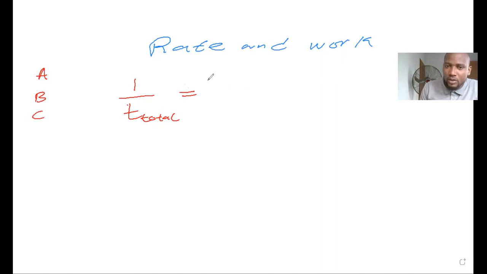So 1 all over the total time is equal to 1 all over the time it will take A plus 1 all over the time it will take person B plus 1 all over the time it will take person C.